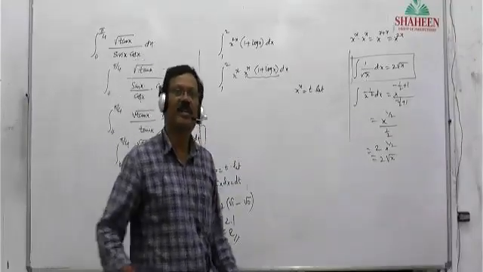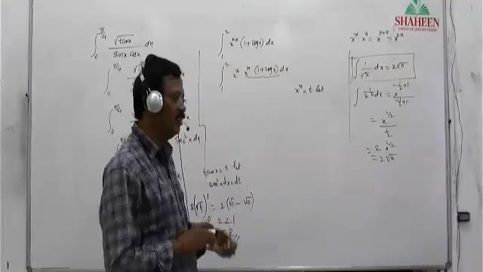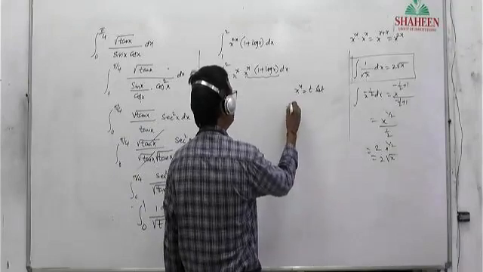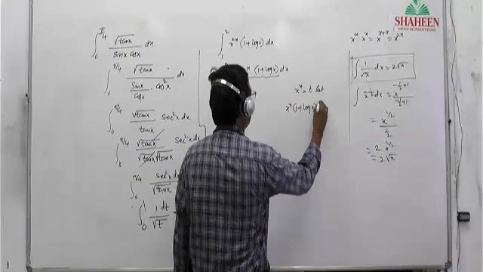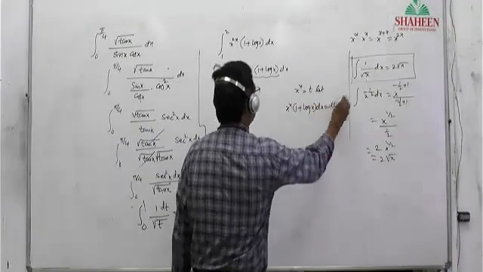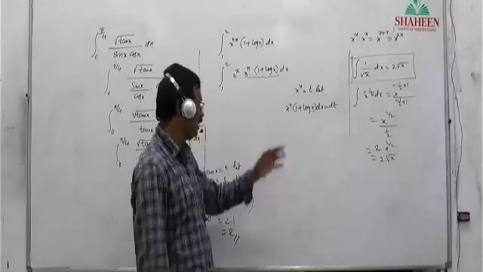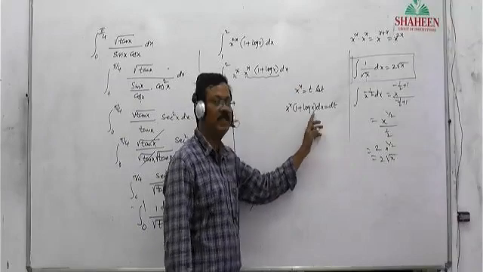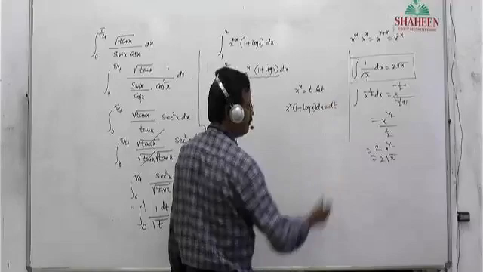The derivative of x power x is x power x into 1 plus log x, and into dx is equal to dt. One formula there with the differentiation: the derivative of x power x is x power x into 1 plus log x dx, which is equal to dt.